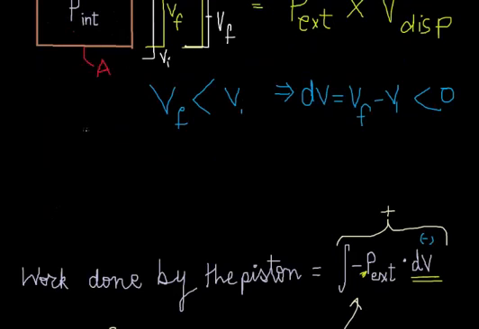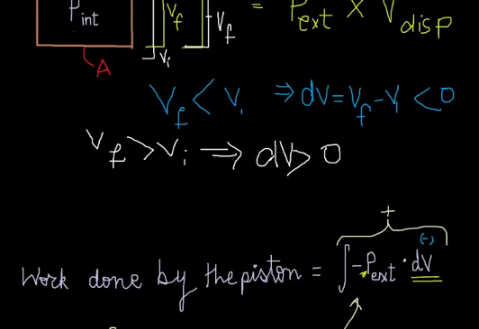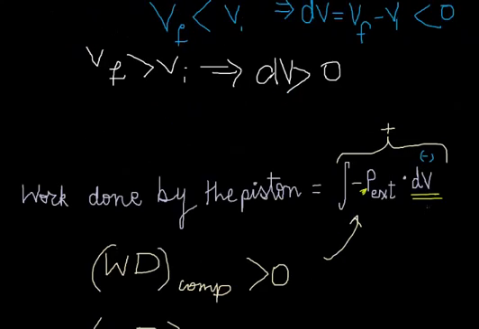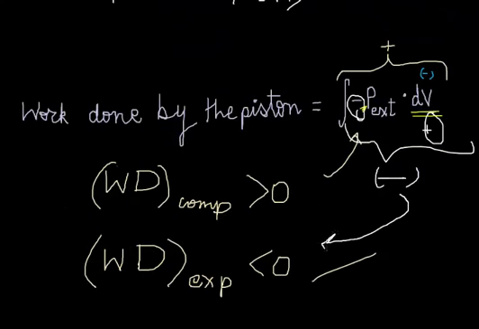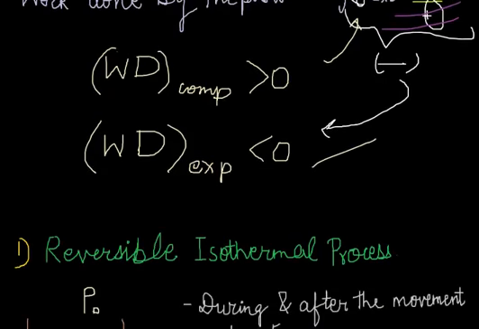So in that case, V final would be greater than V initial, and the change in volume dV would be a positive quantity. So in this formula, dV would be positive, and if we multiply the positive thing with a negative sign, the whole thing in total would become negative. So the work done by a piston for expansion would be negative, and that's what we wanted. So this formula is justified for both cases, expansion as well as compression.